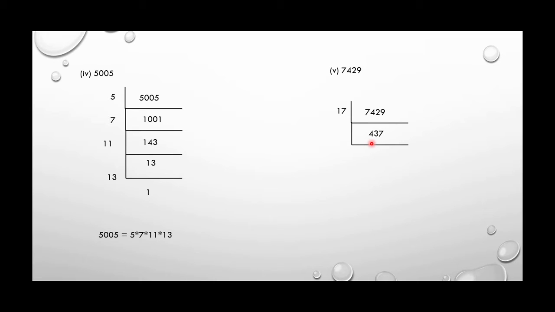Now the number 437 cannot be divided by 17. Therefore, the next least number which divides 437 is 19. Therefore, when we divide 437 by 19, we will get 23, which is divisible by the number itself, that is 23. Now, the prime factors of 7429 are 17 into 19 into 23.